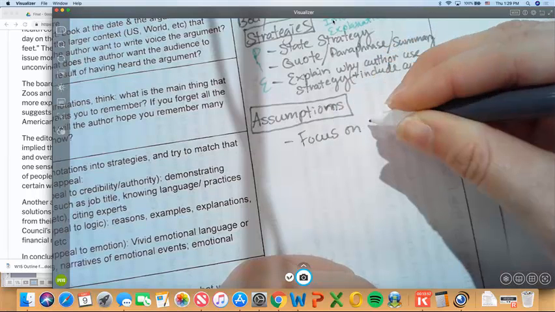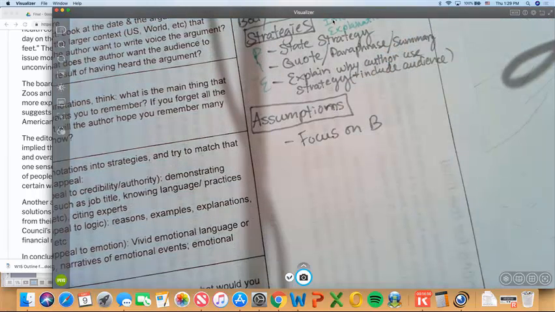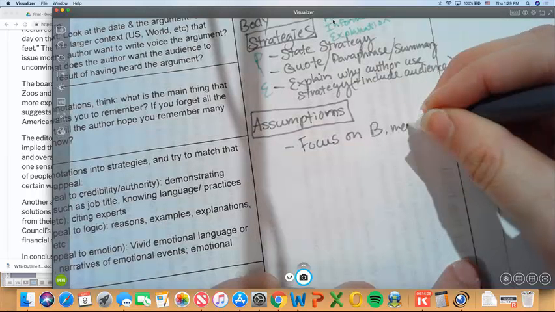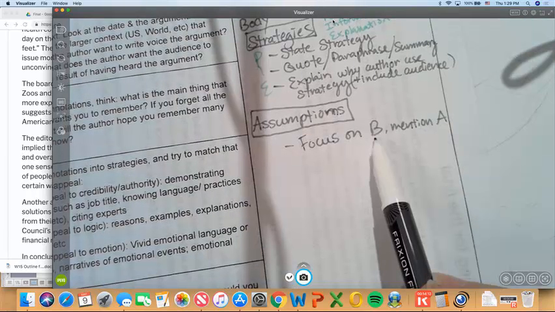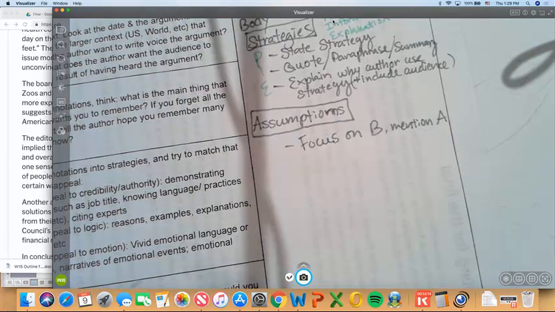You can mention A. And again, I'm getting that information from this middle column.